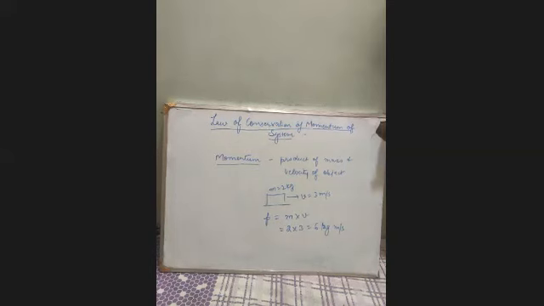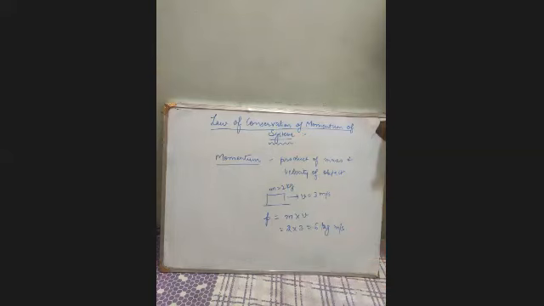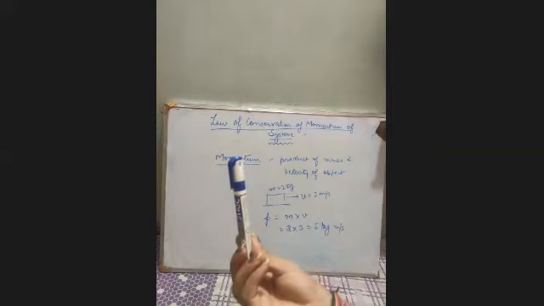And now, this word system we are using again and again. I just want to clear that term. What is a system? Anything in our environment which we are considering for the study. Like here is a marker.